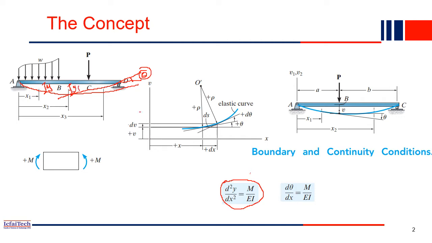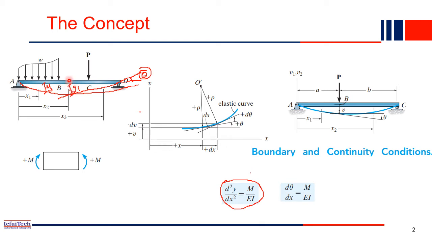So at every point on a beam you will get two unknown parameters. One is deflection. At any point you will have a different deflection. At the center of the beam you may get higher deflection, but if you measure the deflection at this point you will get lesser deflection. And another thing is the slope.